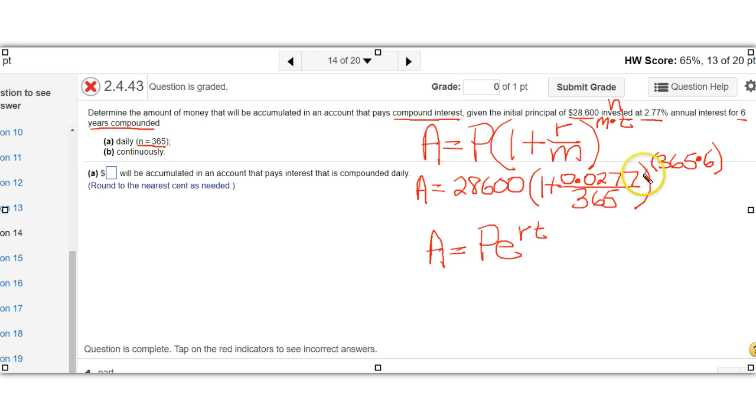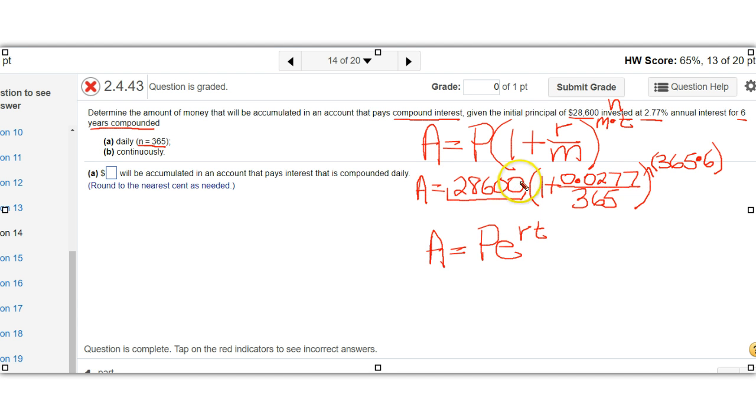Then you're going to put caret in your calculator, and then you're going to put a parenthesis, 365 times 6, close parenthesis, and then hit enter. It's going to give you a value for all this. You now take that value and say times this.